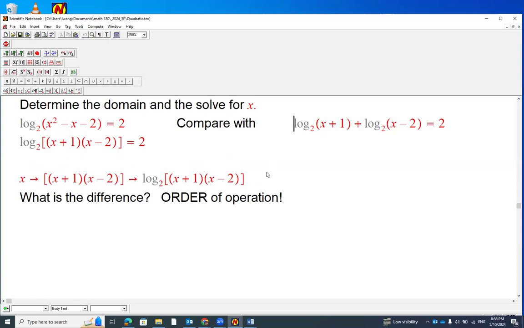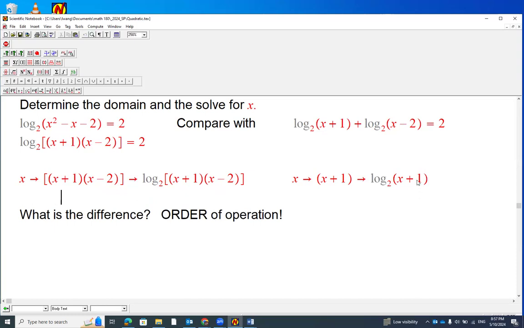How about the latter? The latter is that you have input, right? And so we have this input, we're going to do x plus 1 first. So x plus 1 is done. And then we do log base 2 of x plus 1. Okay?